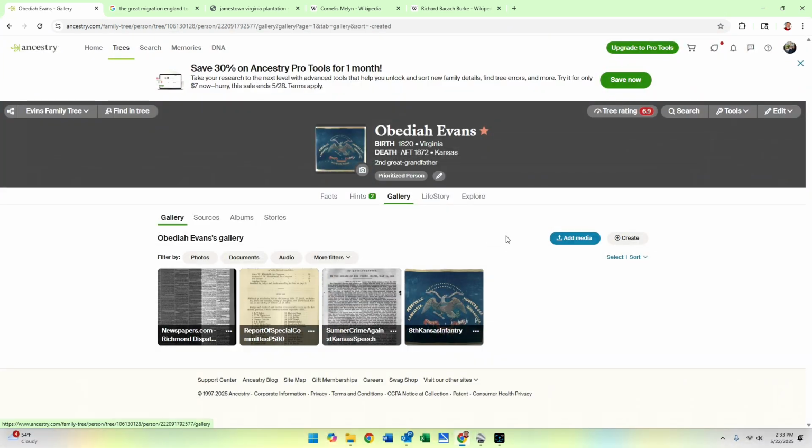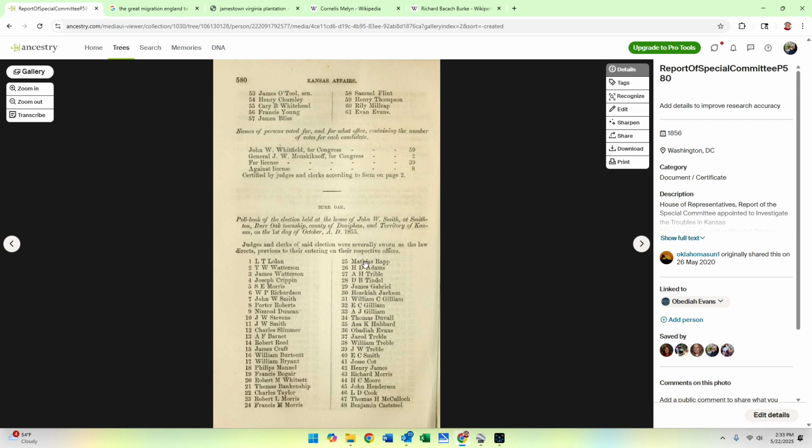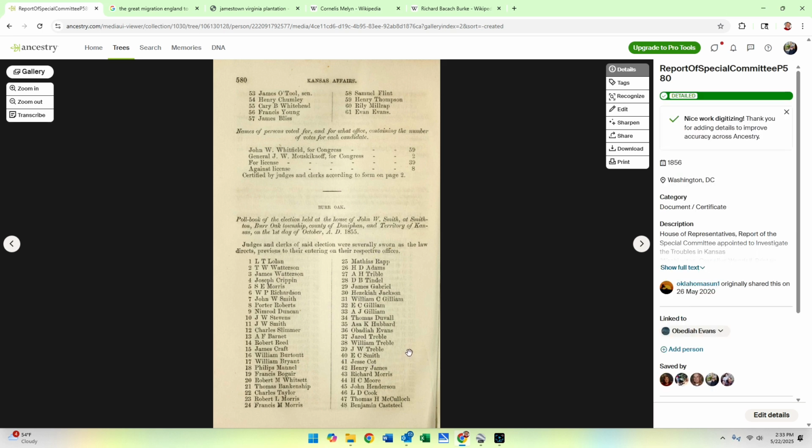When the war broke out, he volunteered to join the militia. So this is an article stating that he was one of the people who was an officer sworn in to be able to count votes. His name is right over here, spelled with A-N-S.